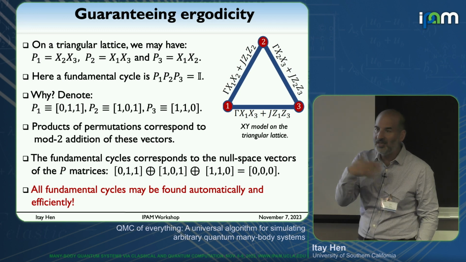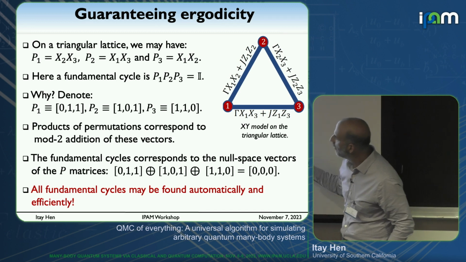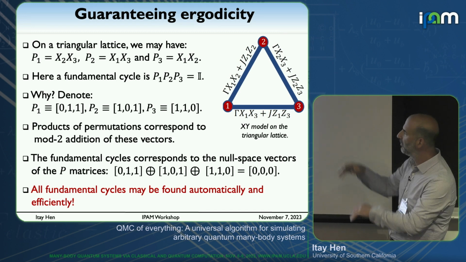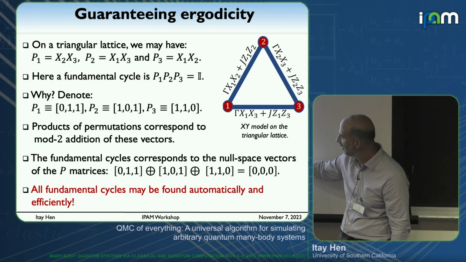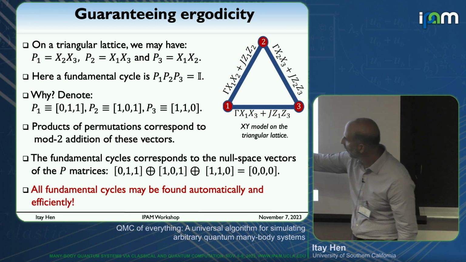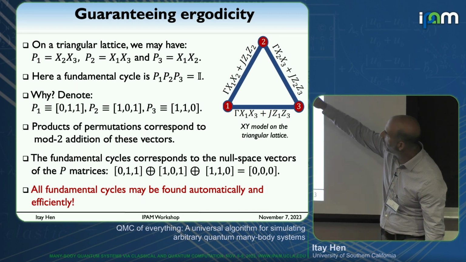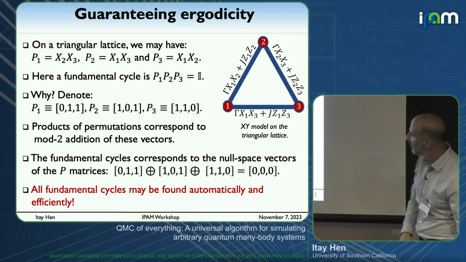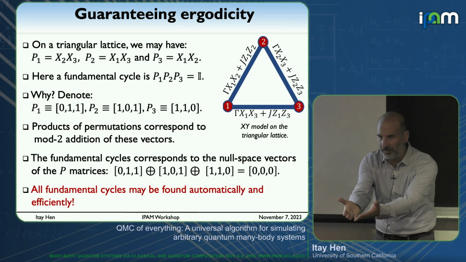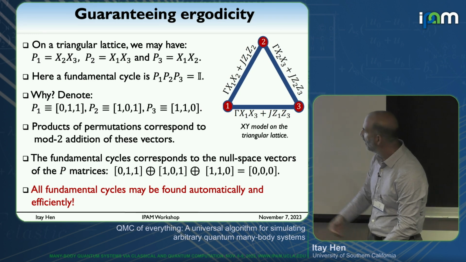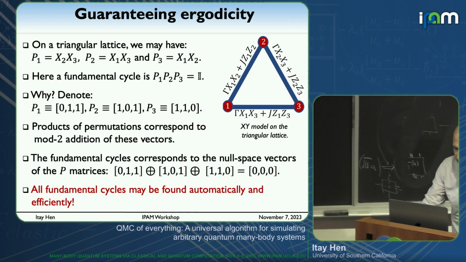And so what I need to find mathematically is basically a mod 2 addition of permutations that evaluate to 0, 0, 0. This is the identity. So 0, 1, 1 plus 1, 0, 1 plus 1, 1, 0 is 0, 0, 0. It's the same as P1 P2 P3 equals the identity. That basically means that all I have to do is, you give me a set of P's in the Hamiltonian, and all I need to do is calculate the null space vectors of these P's.